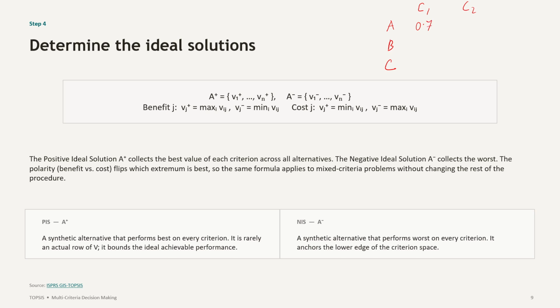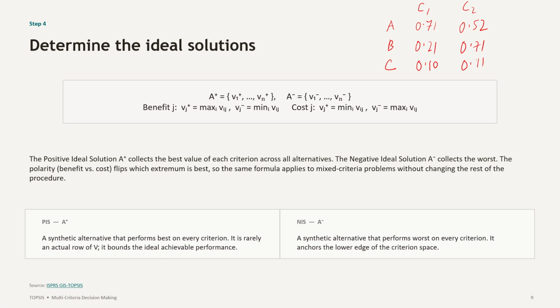It will be 0.71, 0.21, 0.10 like this. For C2, it will be suppose 0.52, 0.71, say 1 like this. These are arbitrary values, but they will come after you determine the normalized matrix with the help of the process I have explained just in the previous slide.